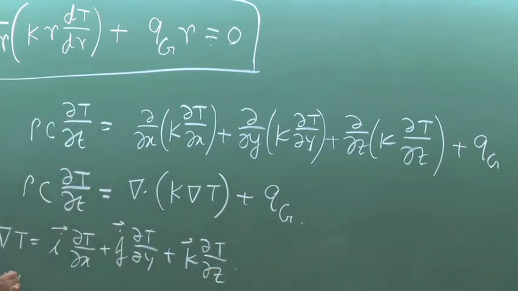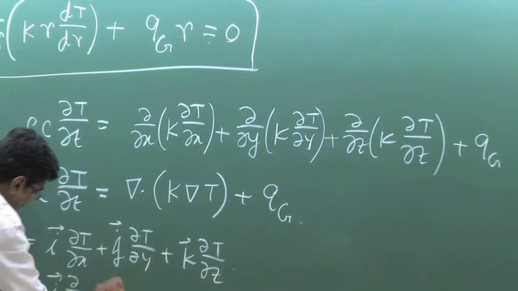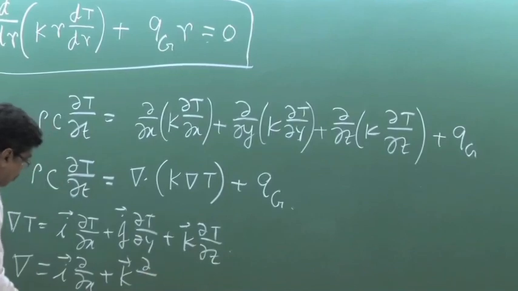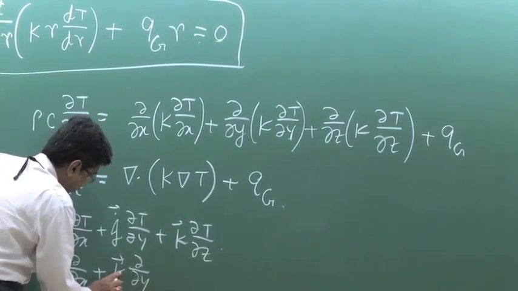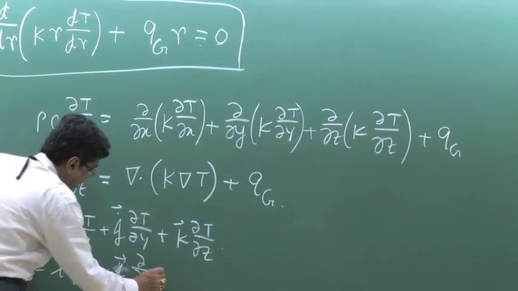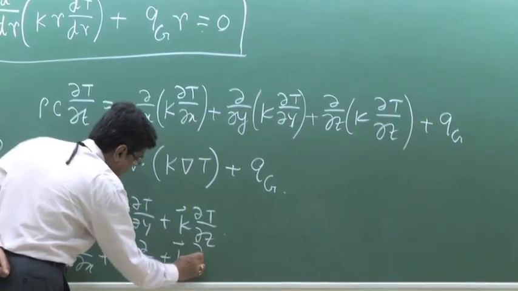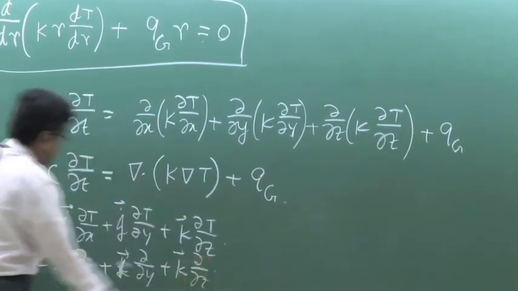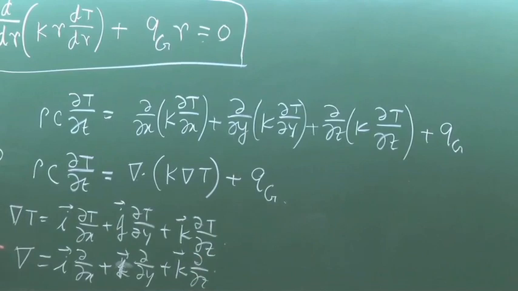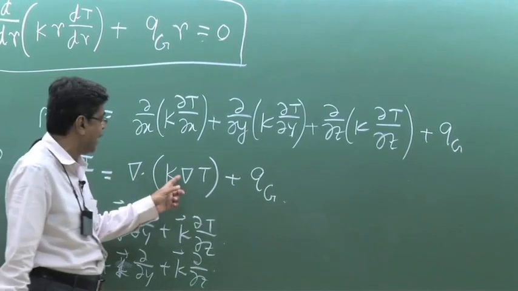And divergence is a vector operator which is i del/del x plus j del/del y plus k del/del z. This is again a recapitulation of your school level thing. And if you make this scalar product of this operator and k grad T, you get this.